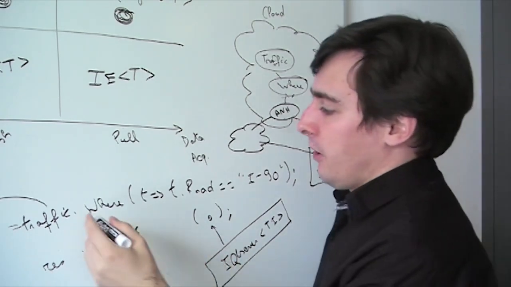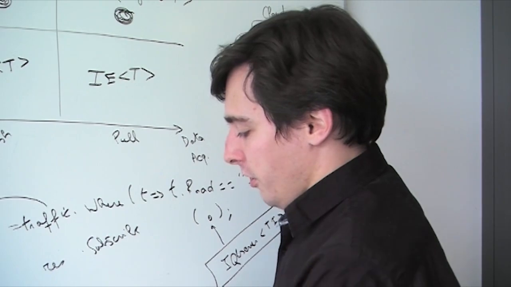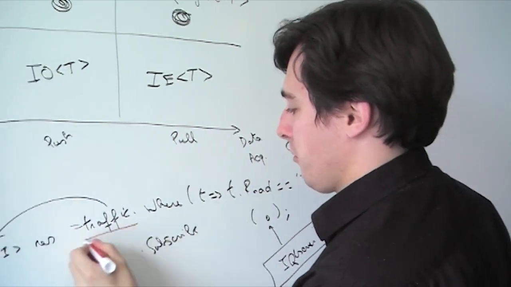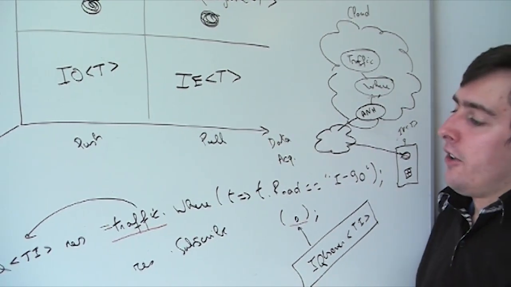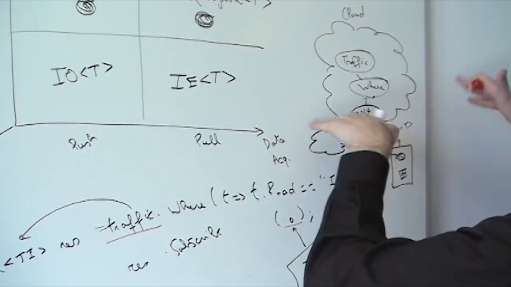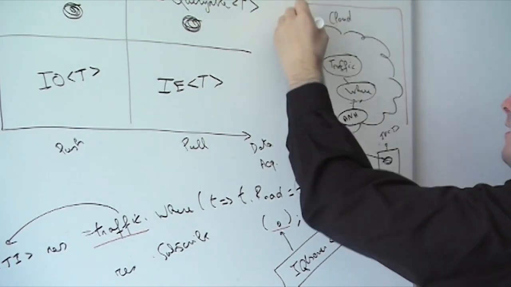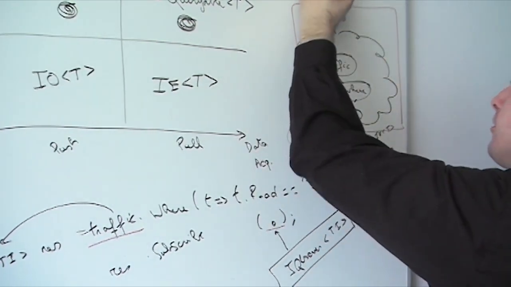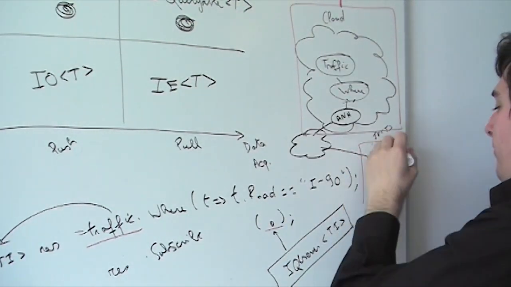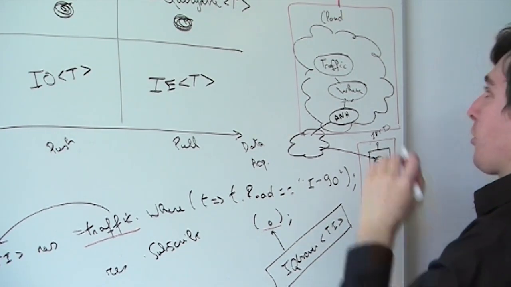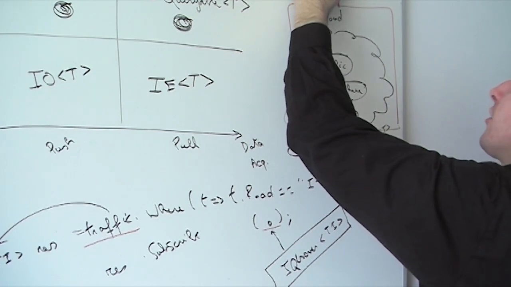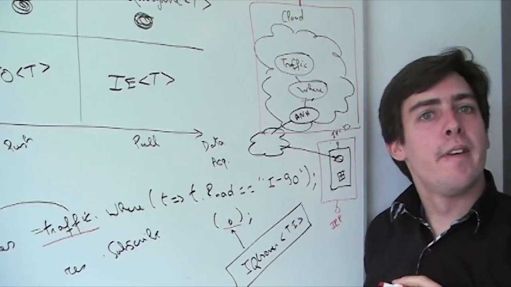So, if you look at this whole thing, we have two unknowns here. We have traffic that I'm pulling out of thin air, and the observer. So what we have is an abstraction around this whole cloud, and an abstraction around the phone that's exactly the same, and we call that thing IRP, which stands for I-reactive processing.